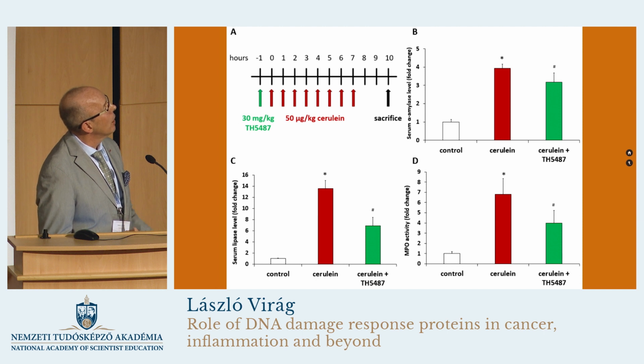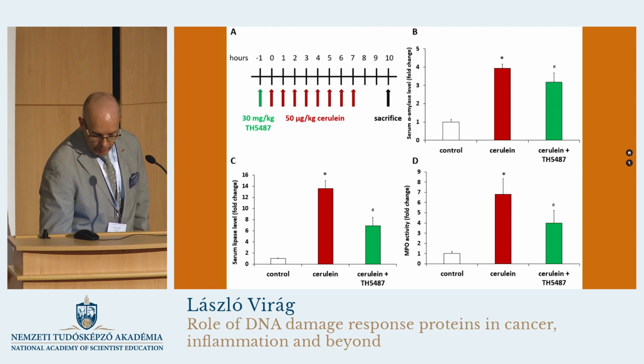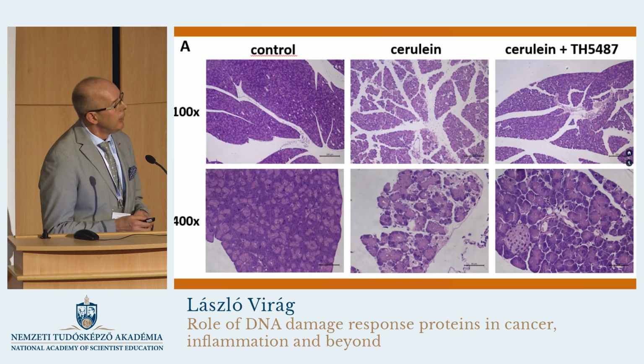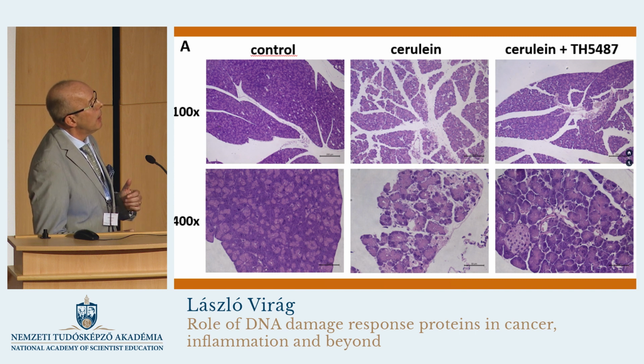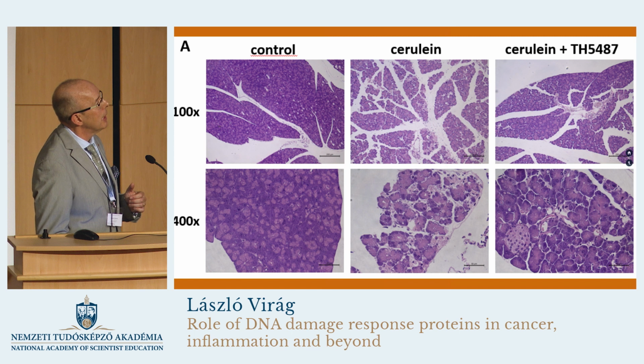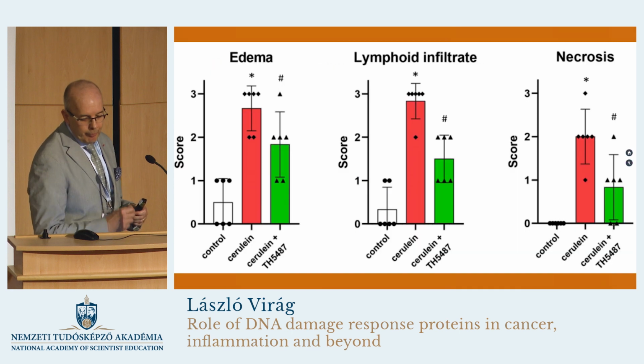So we saw lots of damage, lipase release from the pancreas, amylase release, and infiltration of neutrophil granulocytes. It was all there, and the compound quite efficiently reduced these damage signs and inflammatory signs. So if we looked at the histology, we could see the severe damage, and there was much less damage when OGG1 was inhibited.